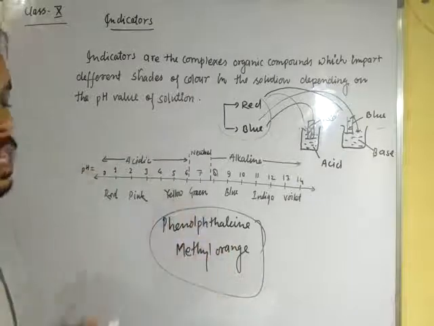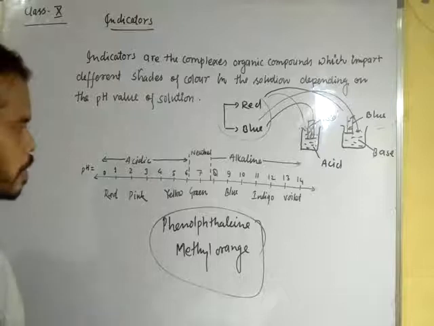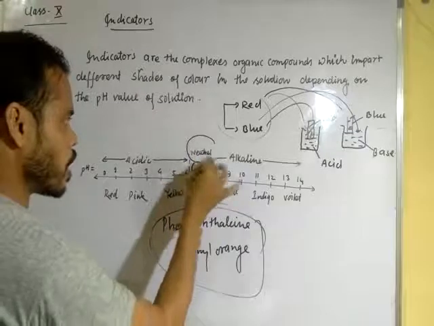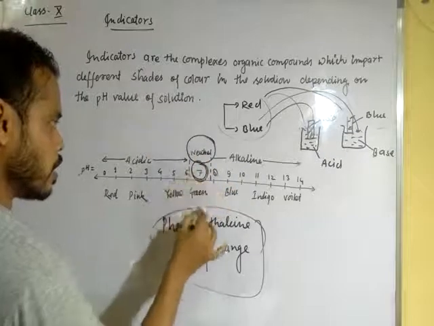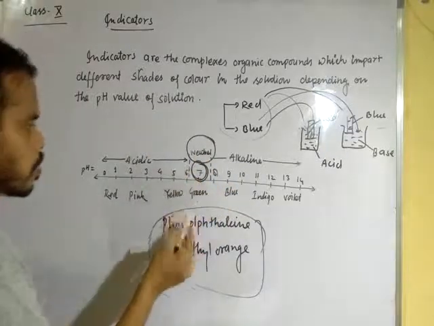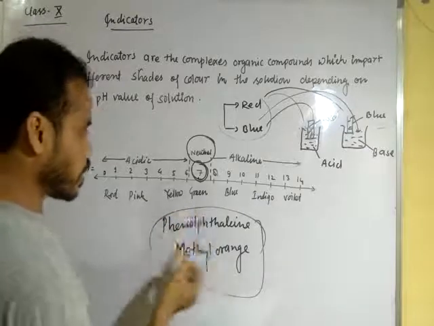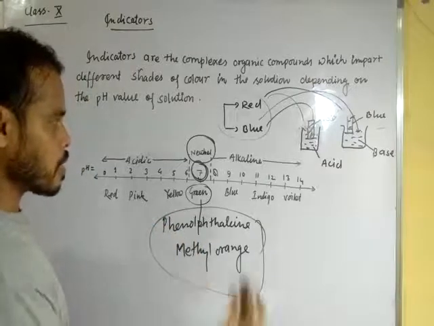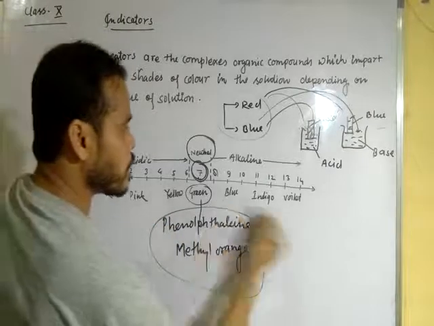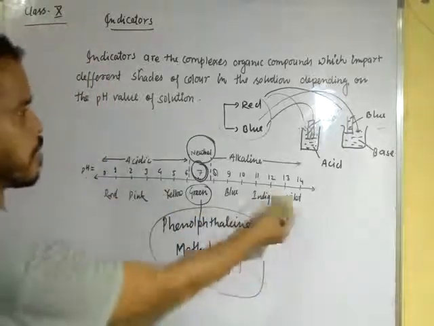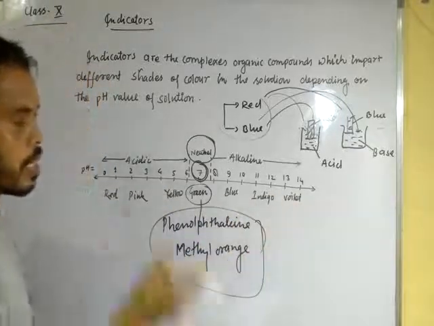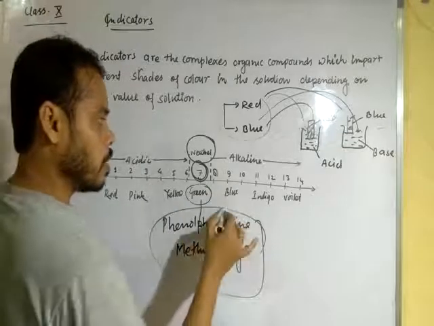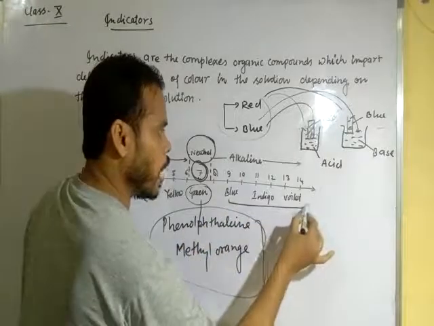This is known as the pH scale, and you can see here that a pH value of 7 is neutral, and at this pH value the indicator shows green color. But as the pH value increases, that means basicity increases, the color goes from blue to violet.